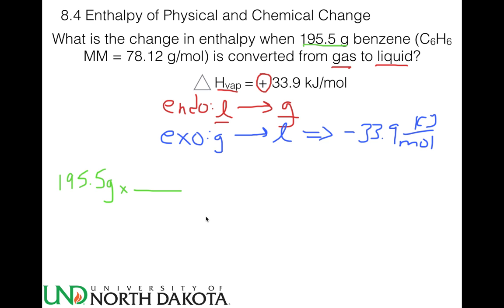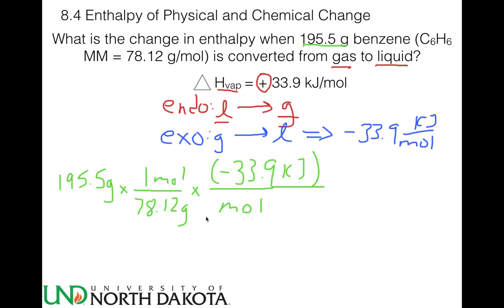We're given that the molar mass is 78.12 grams per mole. And then we're given our delta H of vaporization in kilojoules per mole. We switch the sign, but we'll still put that 1 mole on the bottom, and then we'll say our negative 33.9 kilojoules on top.